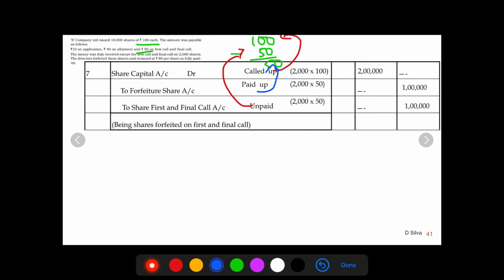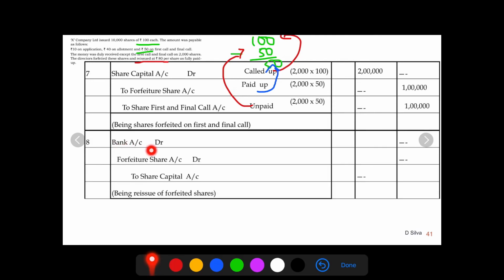We have the reissue of shares. The shares are being reissued at 80 rupees. The journal entry is bank account debit, forfeiture share account debit to share capital account, being reissue of forfeited shares. Bank account debit will be for those 2000 shares which are being reissued.